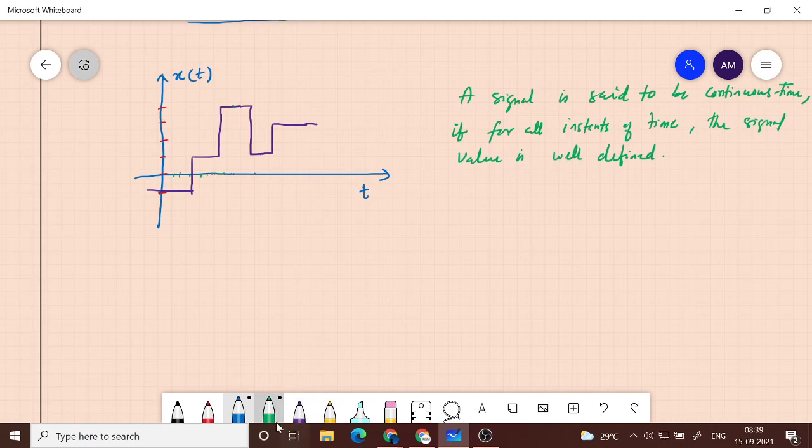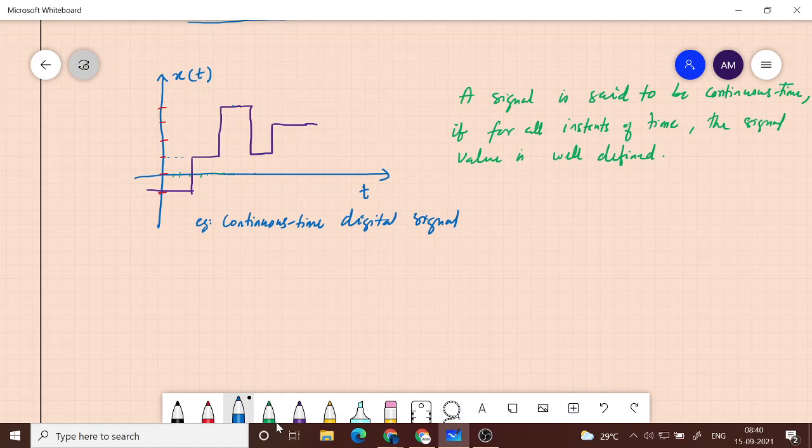So let me just write that. This example is a continuous time digital signal. So why do I say digital signal?